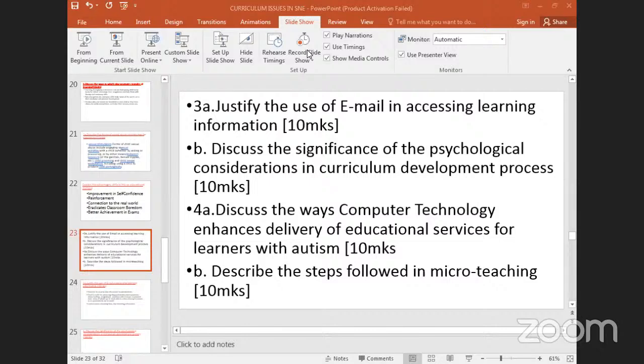Very right. Now, Christine is saying that it makes learning efficient and effective. There is no any other hand. Janet is saying that it also helps in the development of appropriate teaching methods.